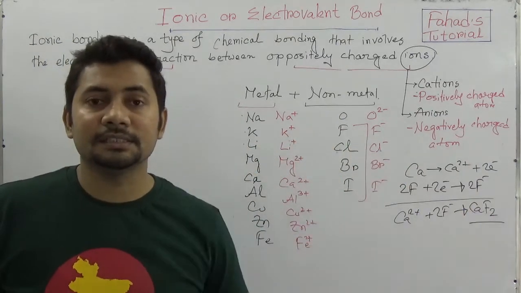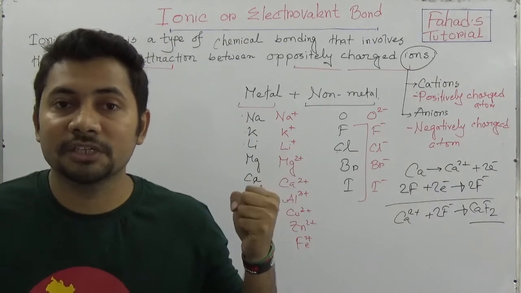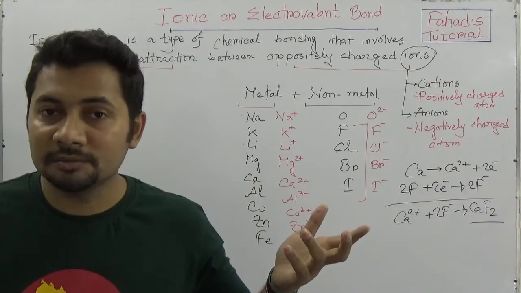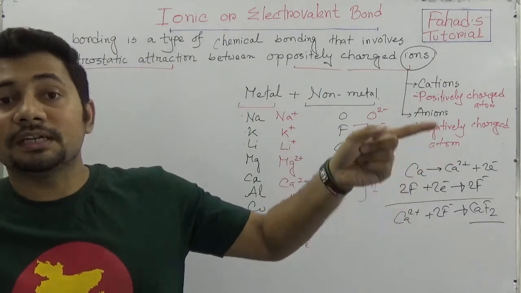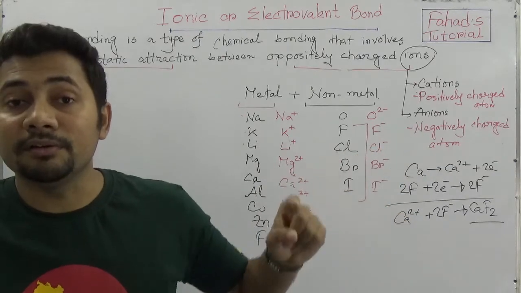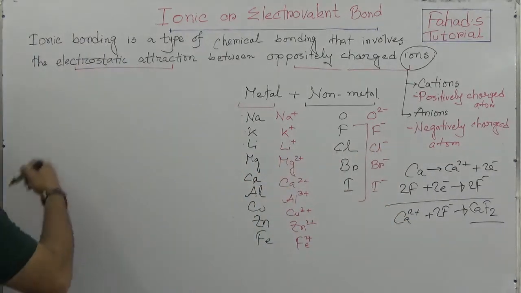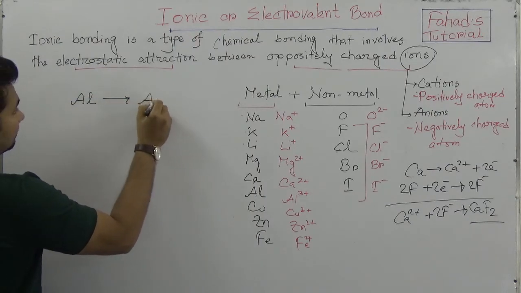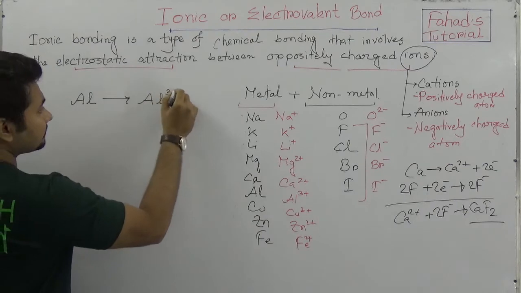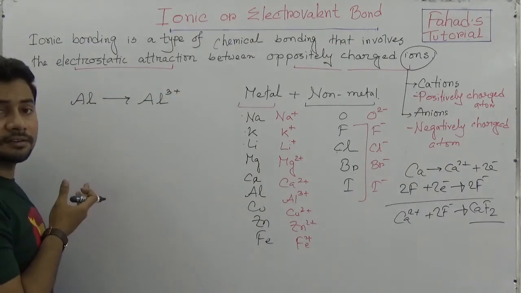But oxygen can only receive 2 electrons in its outermost shell, and more than that is not possible. So if aluminium wants to give 3 electrons, then how many oxygen will be required to accept this amount of electrons? Let's see. If aluminium donates, aluminium 3 plus, then 3 electrons will never be accepted by 1 oxygen.